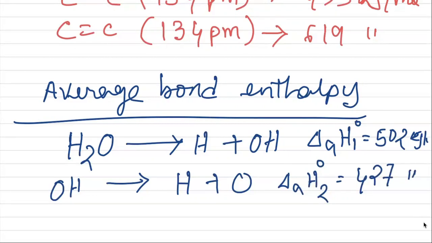That means we have to supply energy two times. First, water breaks down to hydrogen plus OH, then the OH further breaks down to hydrogen and oxygen. So that's why two different energies are required.